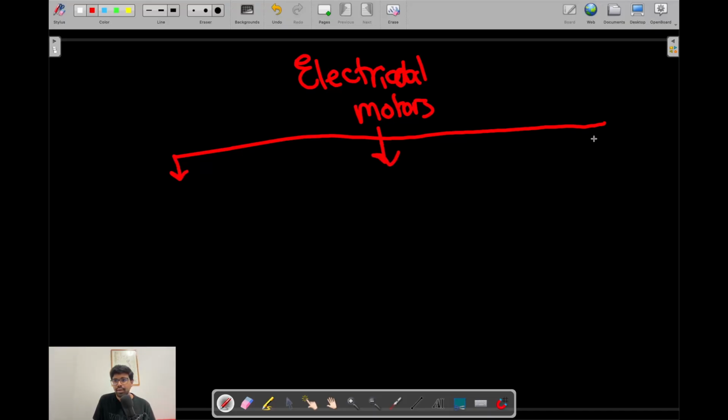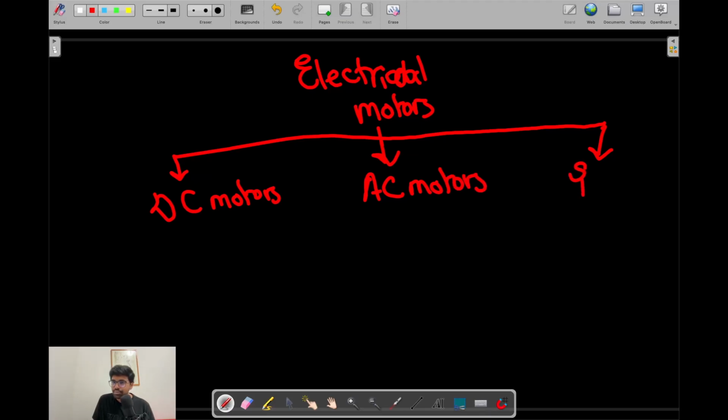We have the DC motors. We have the AC motors. And then we have special motors. So DC motors, direct current motors, AC motors, and special motors.